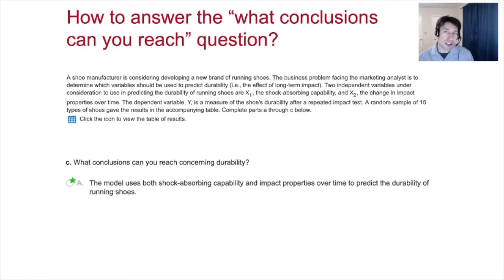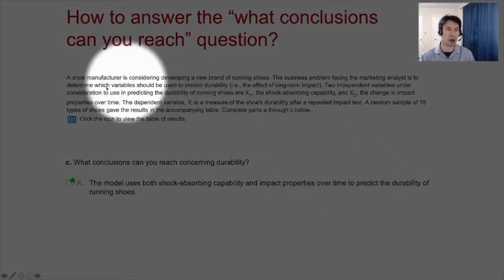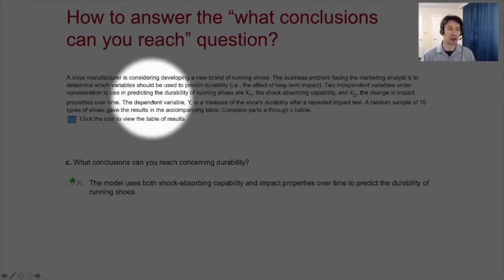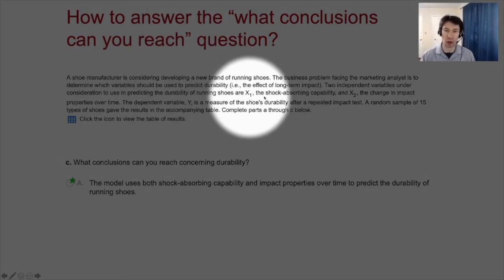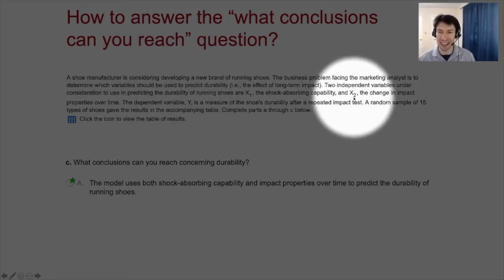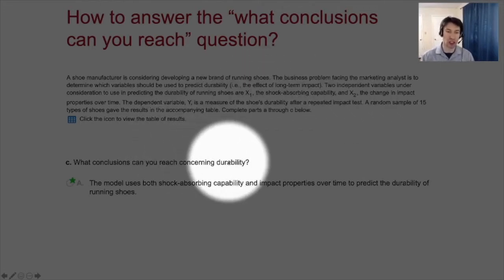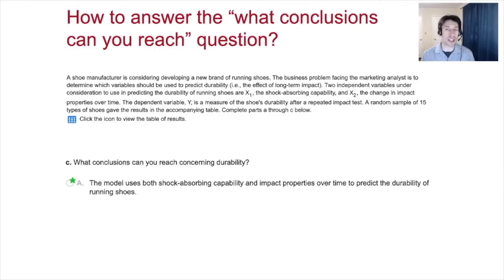The second thing I'd like to say is that sometimes Pearson asks you what conclusions you can reach at the end of a series of questions. Here, for instance, you have this long question about a shoe manufacturer developing a brand of running shoes, using durability as its x1 variable, shock absorbing capability as its x2 variable, etc. When they ask you about the conclusions you reach, these kinds of questions are just asking what variables are included in the model.